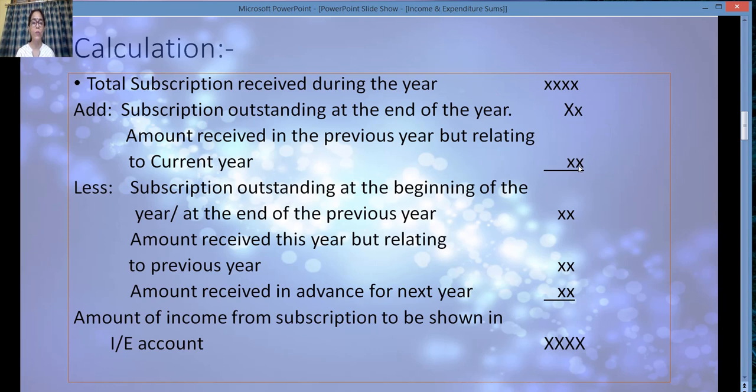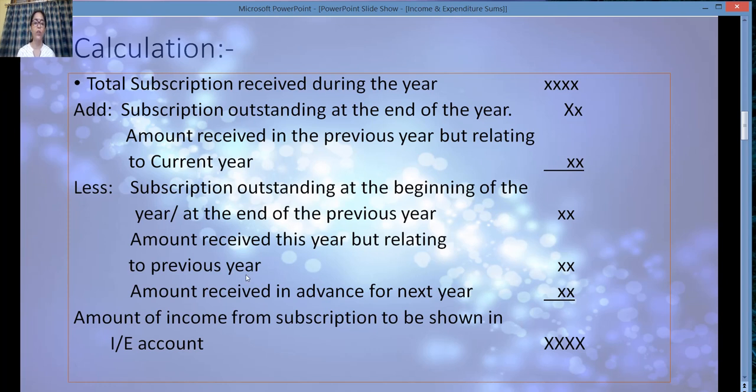After that, adjustments have to be made, or amounts to be deducted: if any subscription or any income is outstanding at the beginning of the current year, that is the end of the previous year, that is to be deducted. Any amount that is received this year but relates to the previous year, or any amount received in this particular accounting period but relates to the next year, is to be deducted.